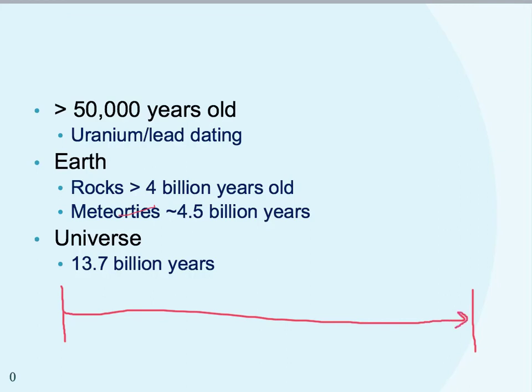Where we occupy is about the last 60 seconds of that year. So if this was our year, this is day 0 and this is day 365, we get the last 60 seconds. That's how little of the entire history of the universe is our history.